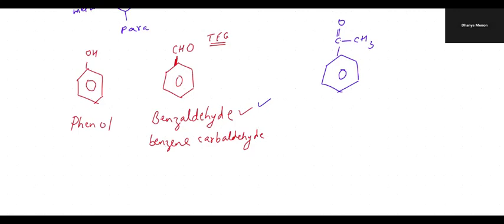So the next compound you can see it's a ketone. Okay, so there is a ring and there is a straight chain. So definitely this will be a main chain because this has the functional group.